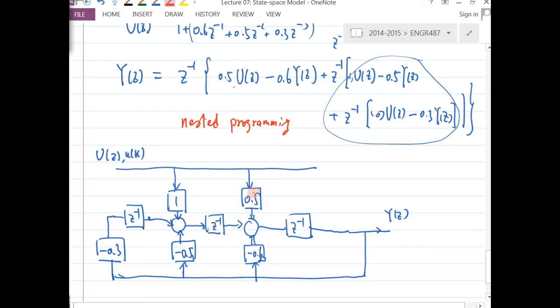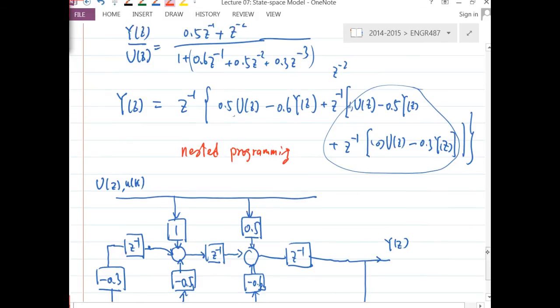Which one multiplies z to the negative 1? The equation that you have written, you've got z to the power of negative 1 in front. Yeah, this one here. Why isn't u z, to the right of it, multiplied by the delay? You mean why didn't I use this delay here? No, like why is the 0.5 u z not multiplied by a delay?